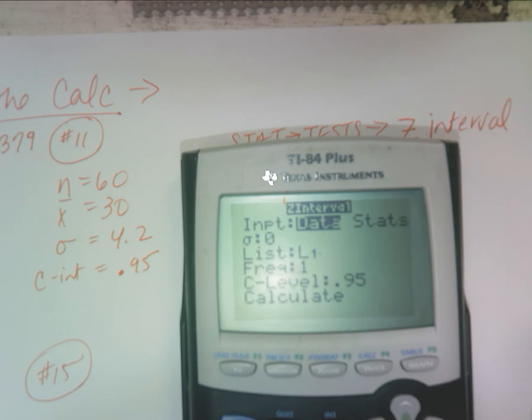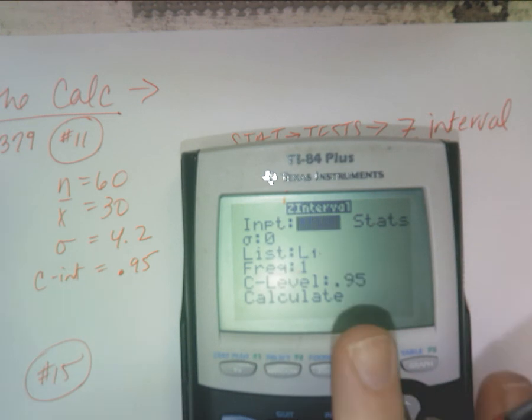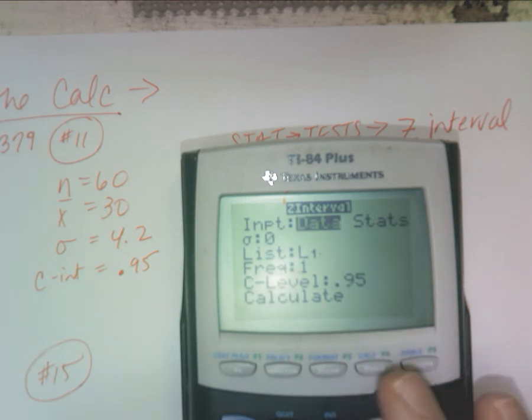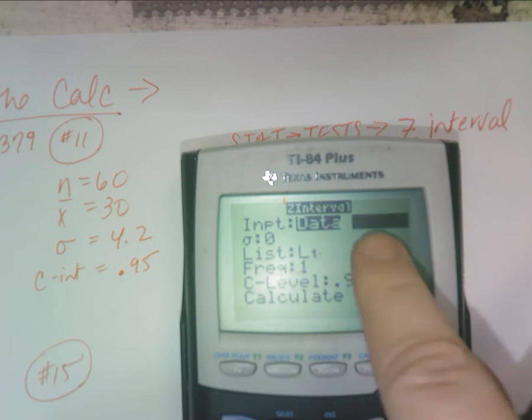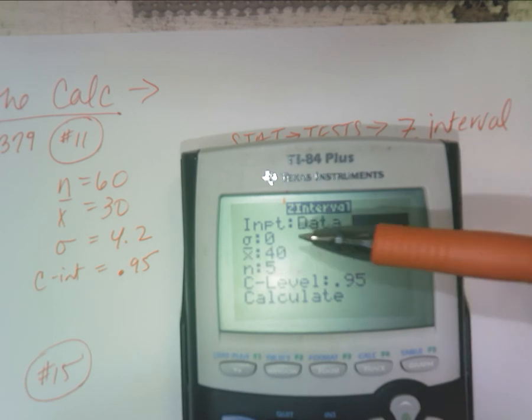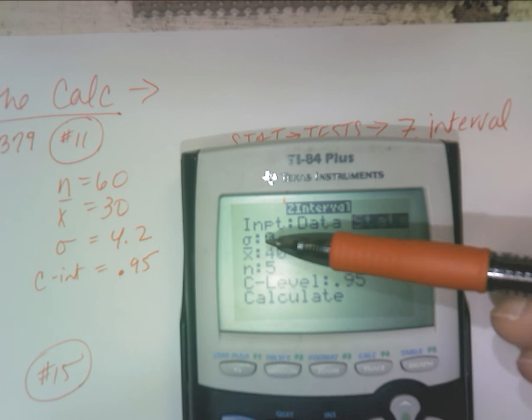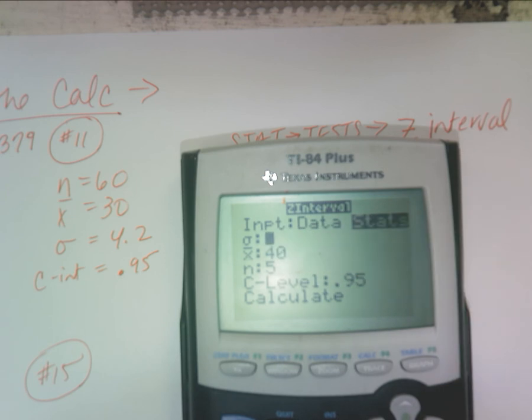Okay, hit enter. Now it's going to ask you for 2 inputs. It's going to say, do you want to input data or do you want to input statistics? Well, we are inputting statistics. We don't have data to input, but on the next question I'll show you how to do this. So go over to Stats and look what it tells you. It asks you, what's your sigma? 4.2. What's your X bar? 30.